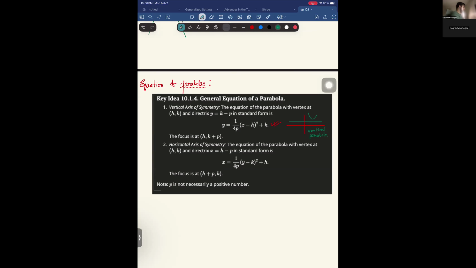Or much better way of saying it is that the axis of symmetry is vertical. So meaning that this is the axis of symmetry.